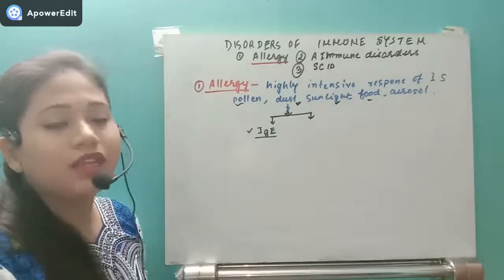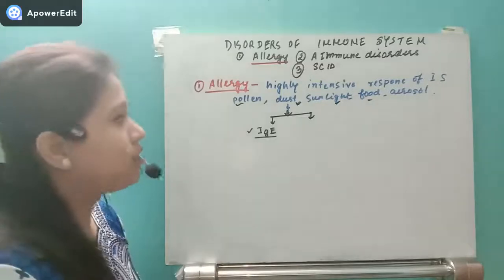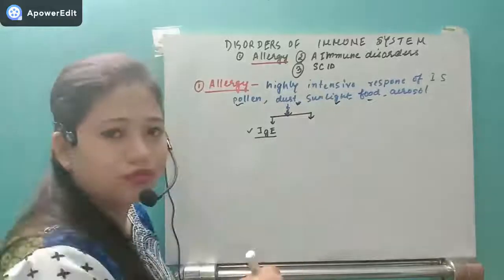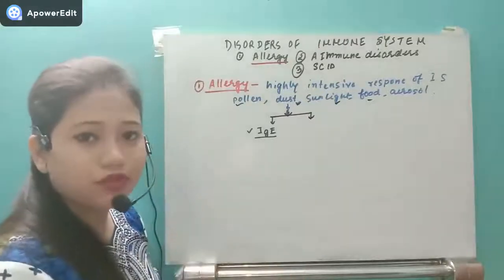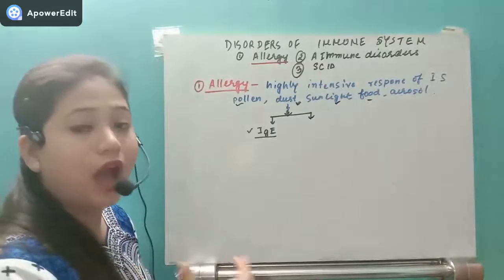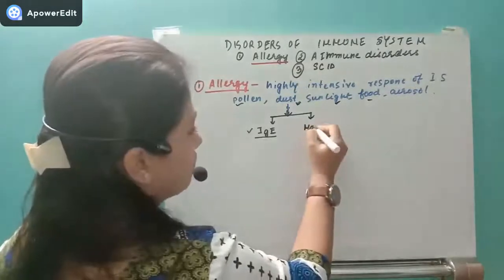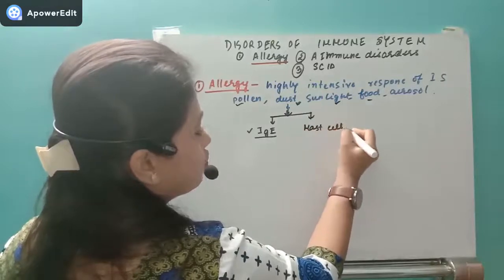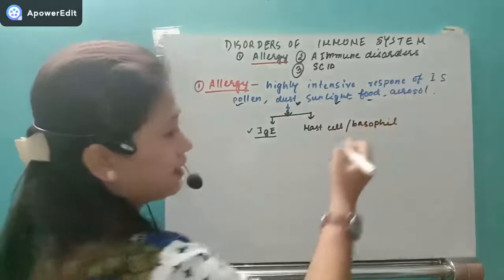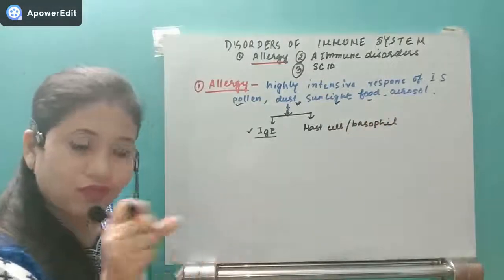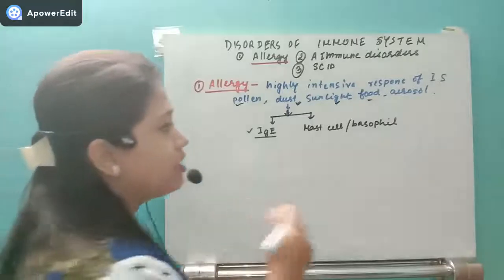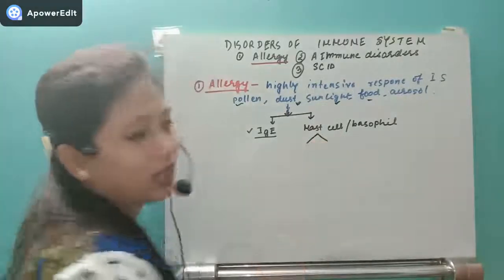The next thing that will happen is that macrophages will trap this pathogen, and it will induce our mast cells or basophils. These mast cells or basophils will be activated whenever macrophages attack, and in that period of time, the mast cell will release two chemicals.